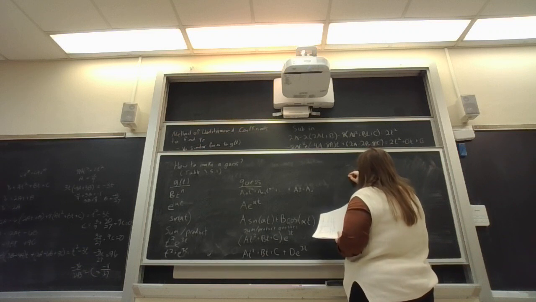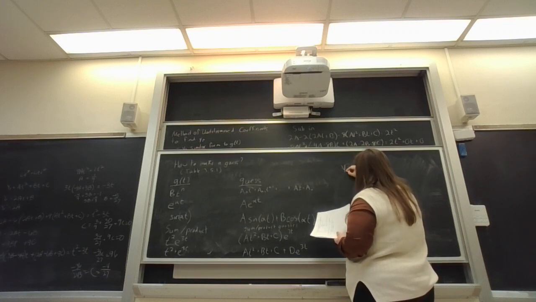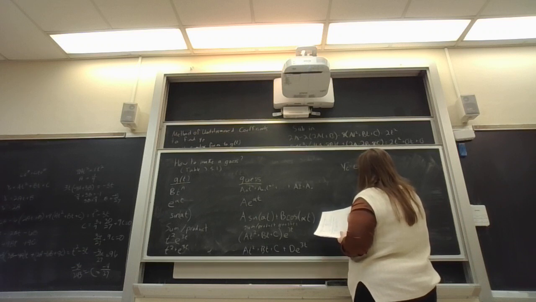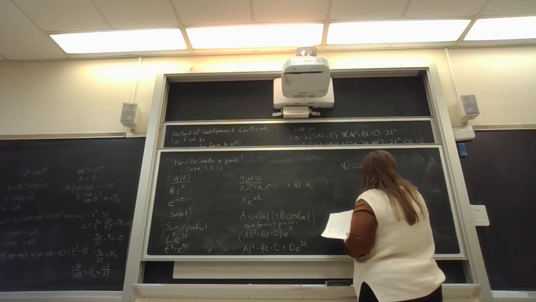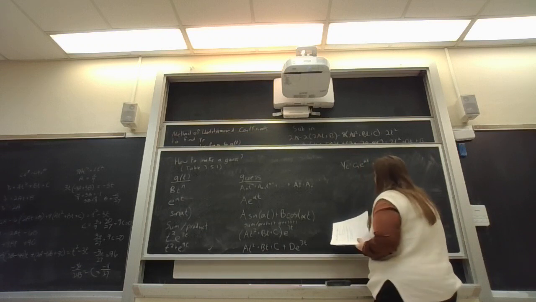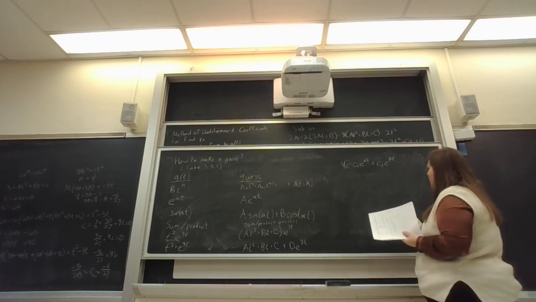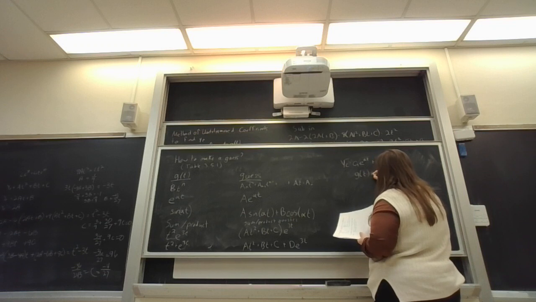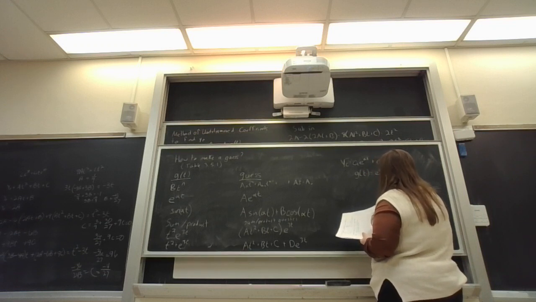So let's say we had our complementary solution of C1 e to the alpha t plus C2 e to the beta t. And then let's say our g of t was e to the alpha t.